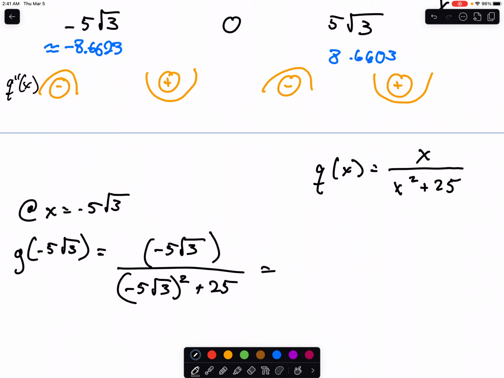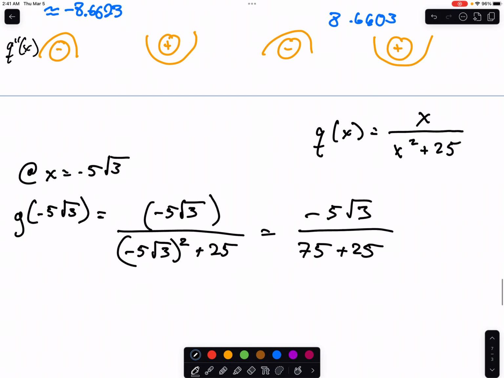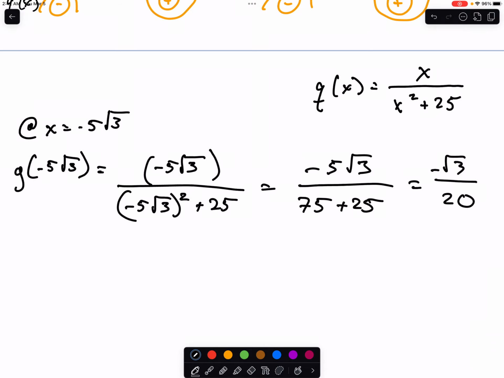Positive 75 plus 25 under this, that's 100. So we get negative √3 over 20. One of the coordinates we got was negative 5√3, comma, negative √3 over 20. It seems to be some symmetry at play here.